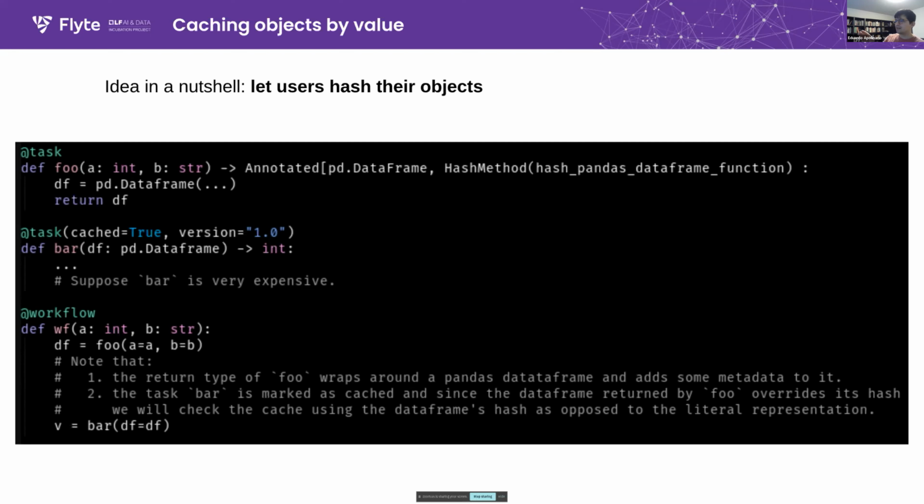Now we're saying that yes, you are returning a data frame, but you're going to be hashing that data frame using some function that you're going to provide, and Flyte takes care of basically piping that hash value to the literal, so that Flyte can know about, hey, when you're caching this, you're actually going to use the hash to provide a cache by value semantics to the caching system.